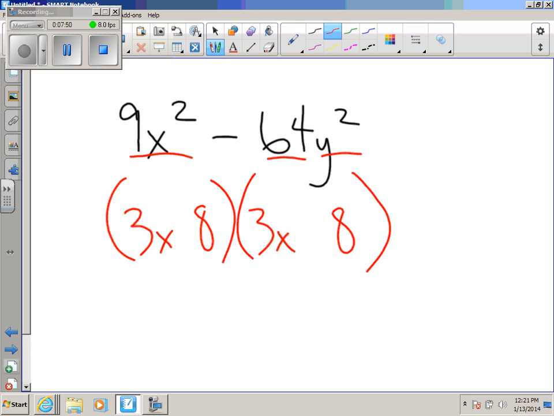And y squared is a square of y. Now all we need to do is put a plus and a minus, and we're set. It's kind of like tying your shoelace and then just untying it again.